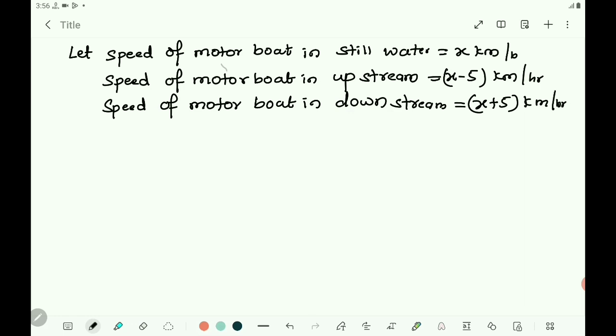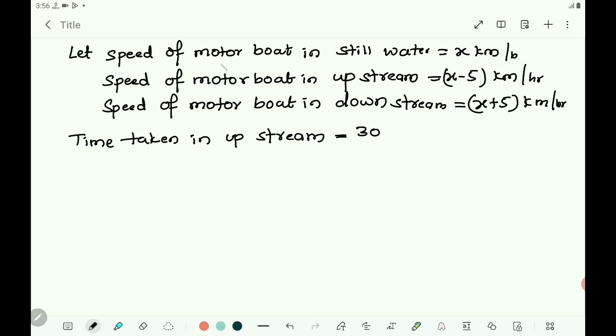Then time taken. Time taken in upstream. What is the total distance? Total distance is 30 kilometer.